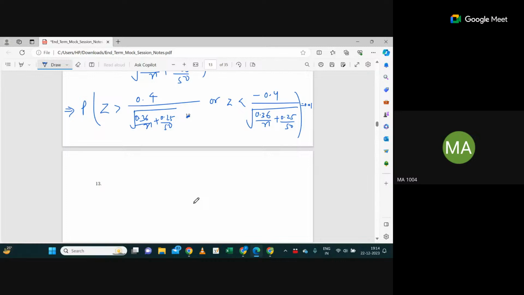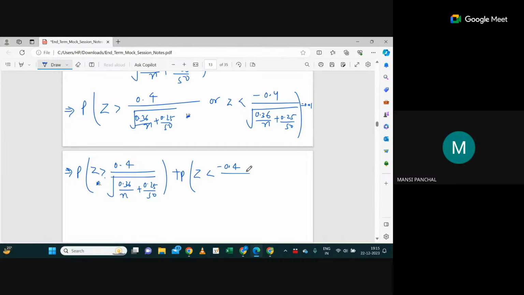Now, this is an OR sign, so I can add: probability of A or B means probability of A plus probability of B. So it's 0.4 minus 0.4 divided by square root of 0.36 divided by n plus 0.25 divided by 50, and this whole thing equals 0.01.